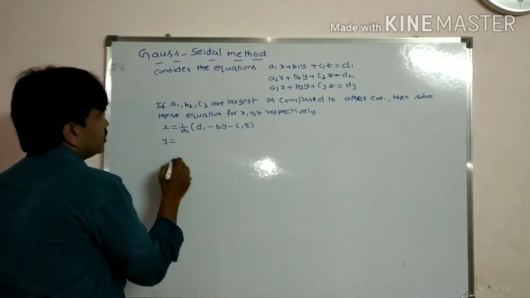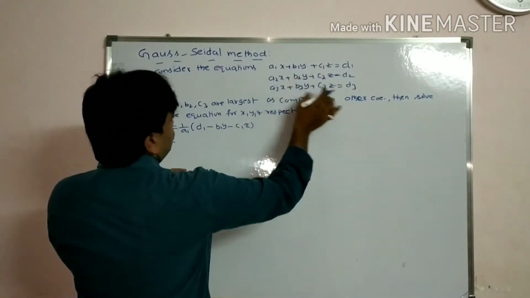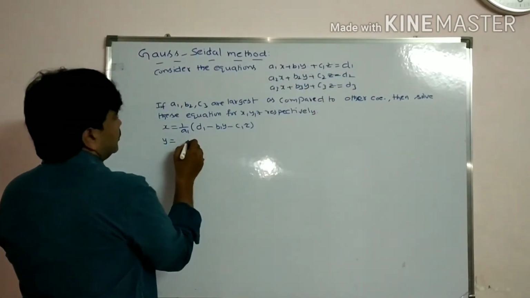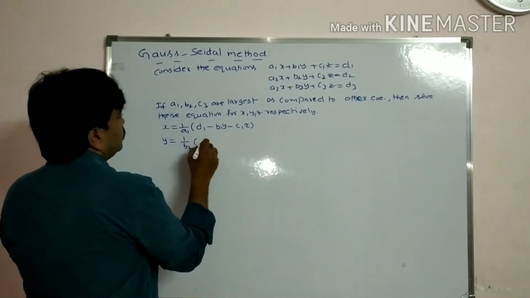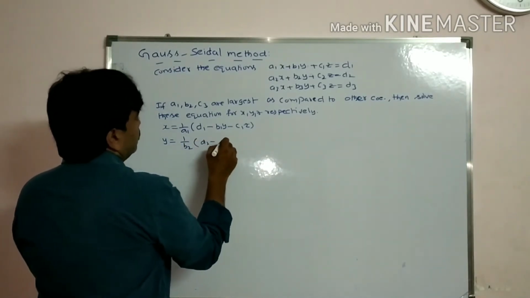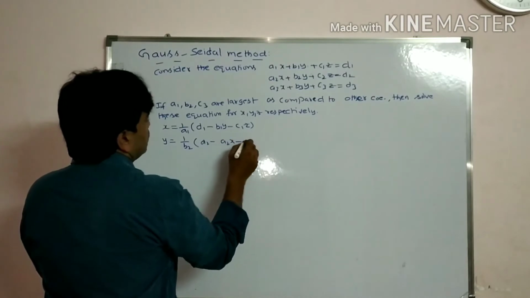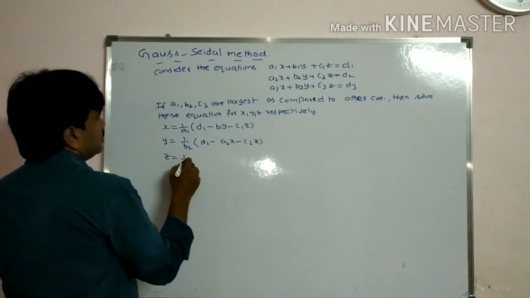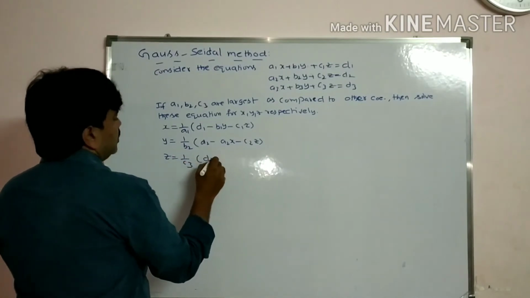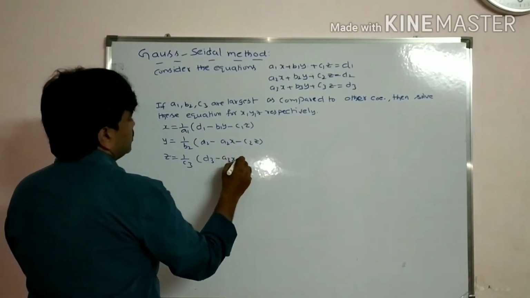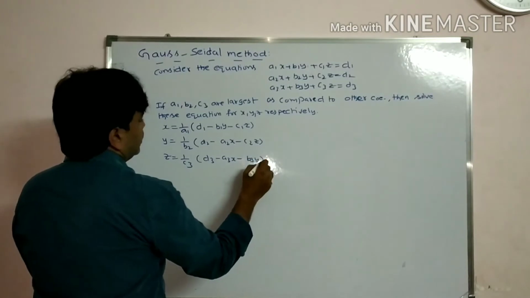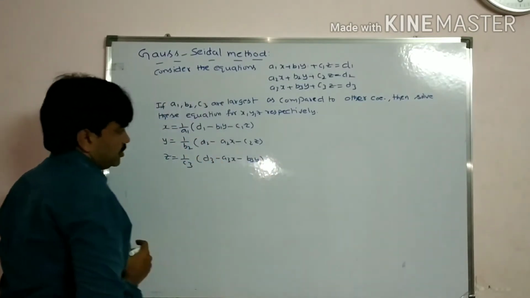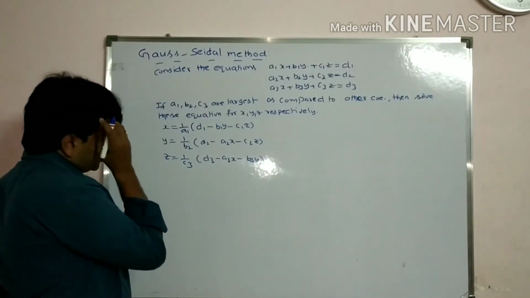For y, we transfer these two to the right hand side, so we get 1 by b2 into d2 minus a2x minus c2z. What is z students? 1 by c3 into d3 minus a3x minus b3y.